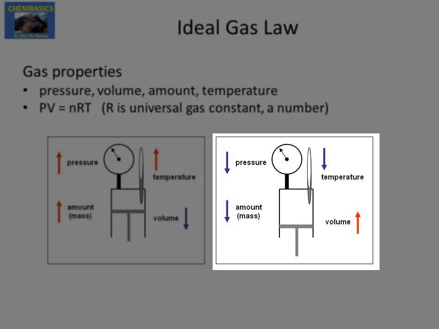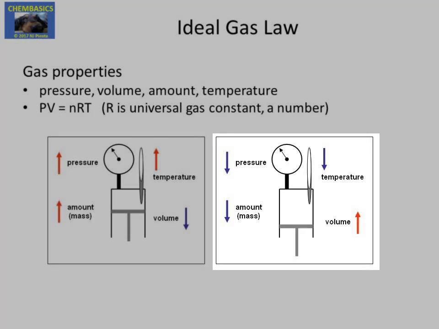In the graphic at the right, if the pressure went down, it is likely that either the temperature went down, the amount of material, mass or moles, went down, or the volume went up.